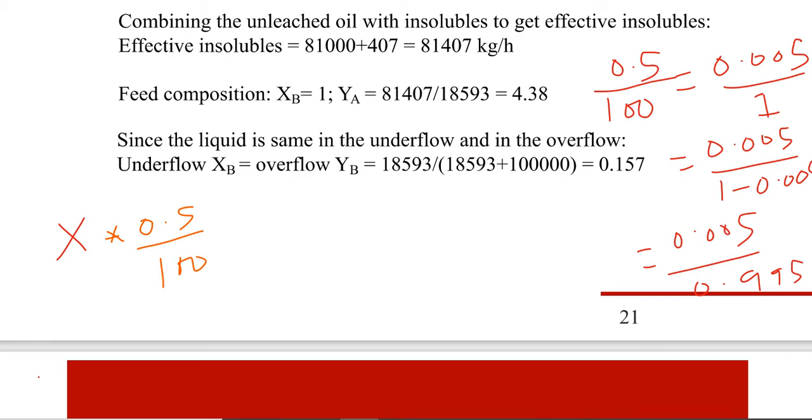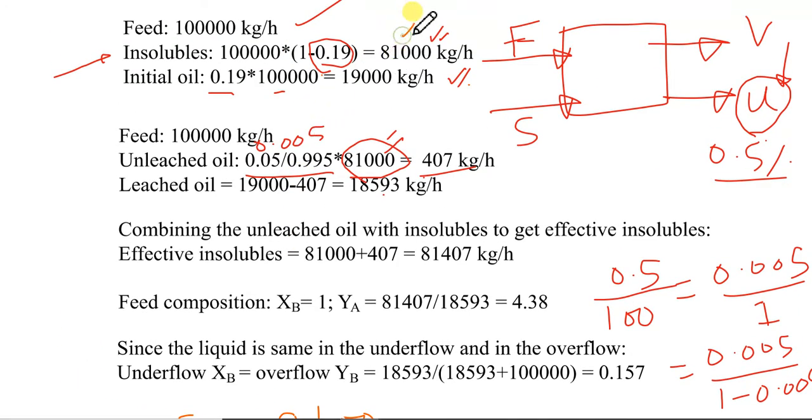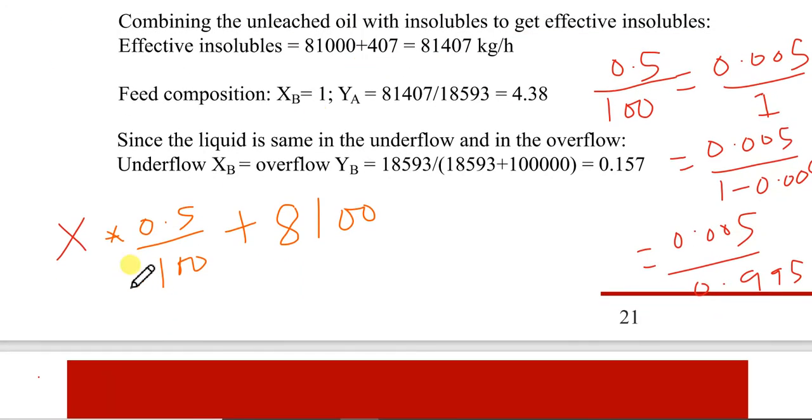So this is 0.5%, plus the 99.5%, which is undissolved, and that becomes total x. If you calculate this, you will get this amount. So this minus this becomes this.